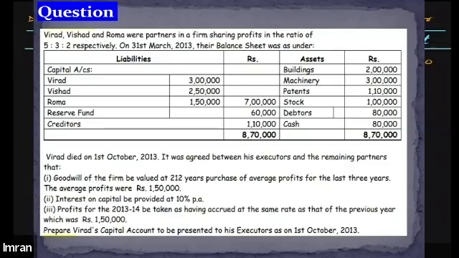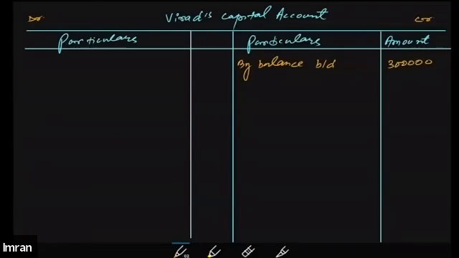Zainab and Shifa, is it clear that on the liability side we have the reserve fund? Because no adjustment is given regarding this, what should we do with this amount?